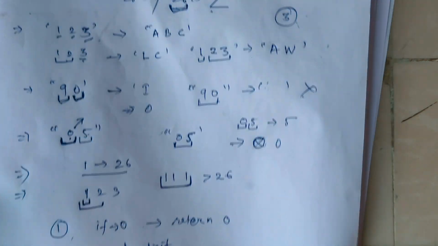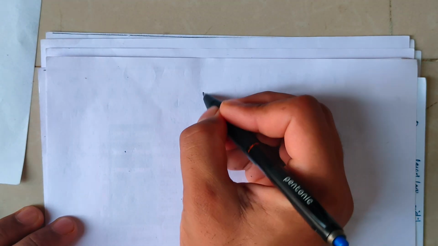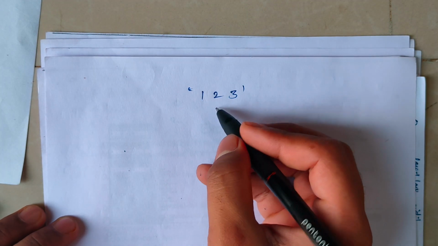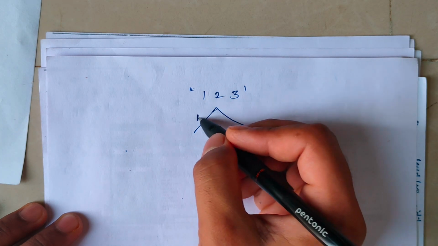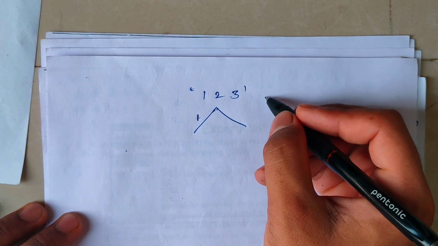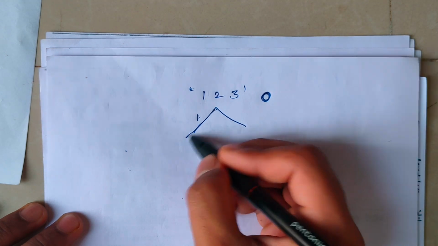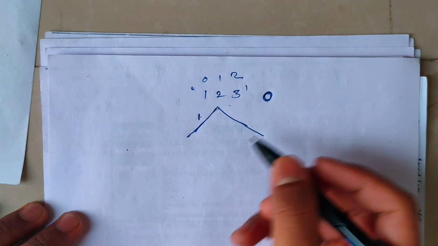So we can do this using recursion. Like here if we have 123, and we take 1 digit, the index is 0, so from index 0, 1, 2, these are 3 indexes.